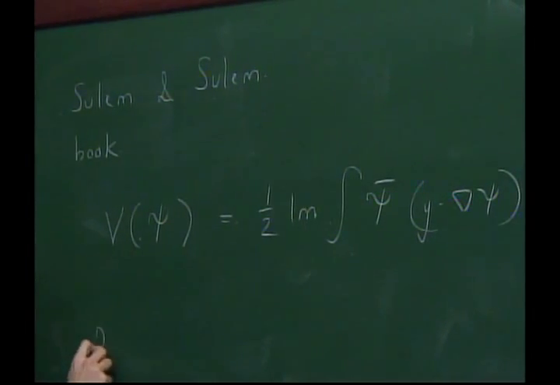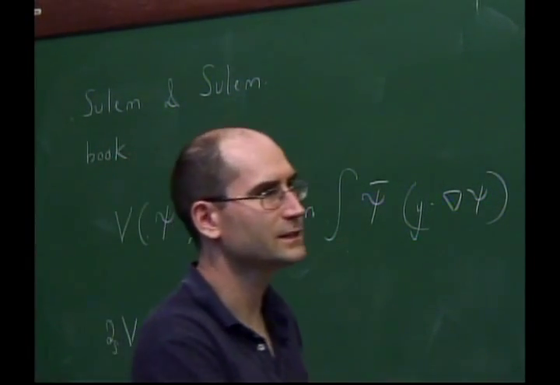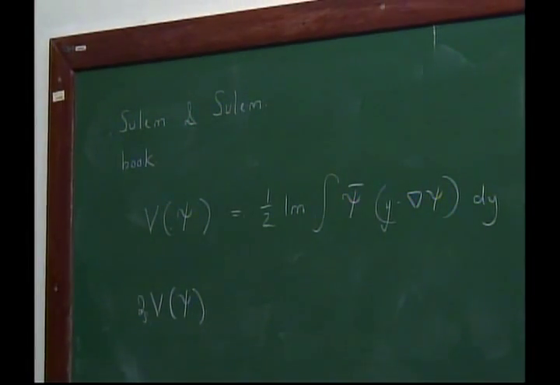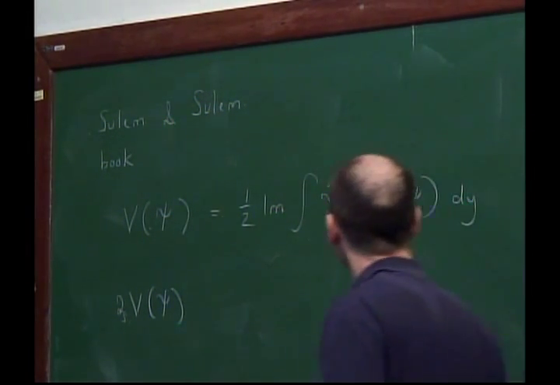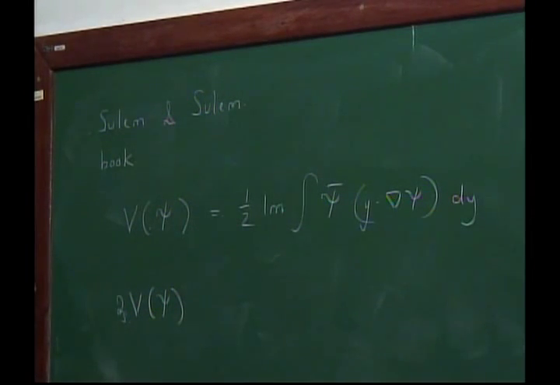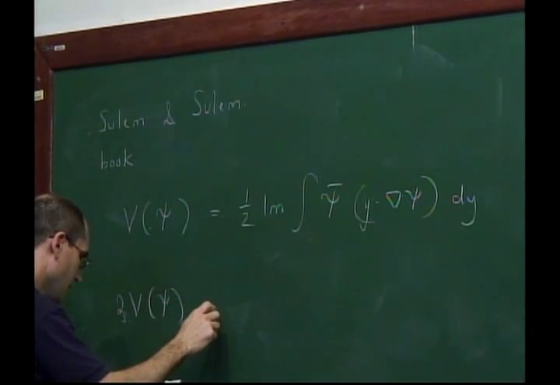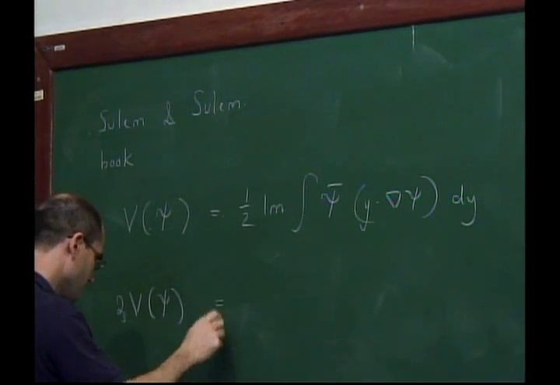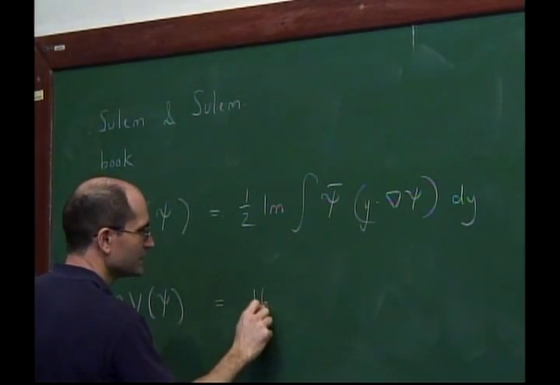And the virial identity: even though psi does not solve NLS, it solves this NLS with the 2 extra terms, the M and the V, but those have vanishing Poisson brackets with V, and so in fact you still get the virial identity for psi. And so you have that this is equal to 16 times the energy.